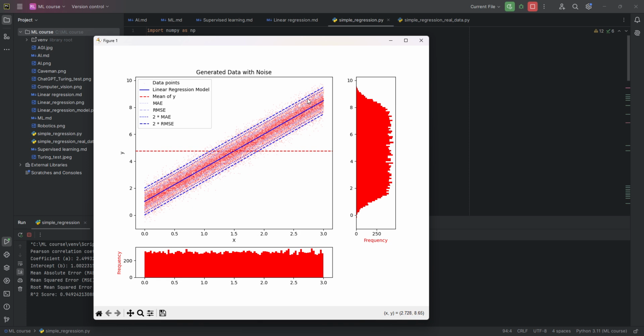So almost 97% of the points are within the 2 sigma from the mean, and probably only 3% of the points are outside this boundary, and the MAE also is inside the RMSE borders.